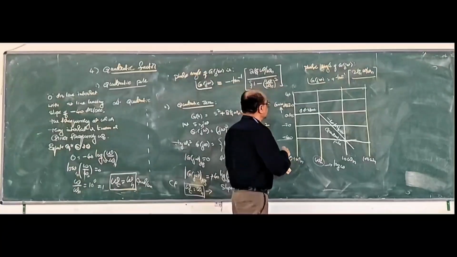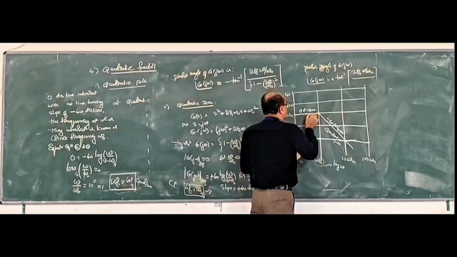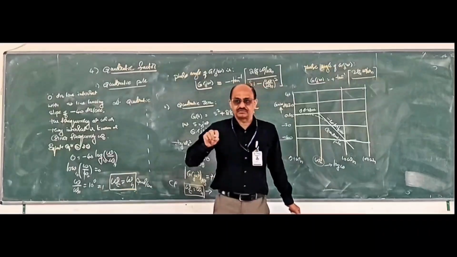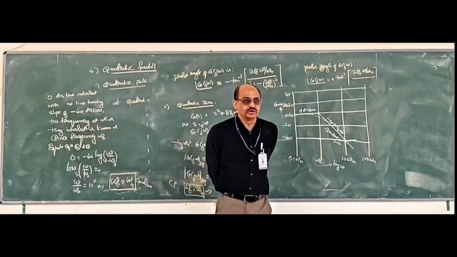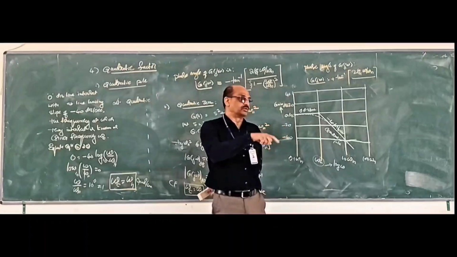Remember, in fact, the actual curve is like this, a dotted line. If you use the command bode of sys in the laboratory, you will get a smooth curve, not the asymptotic one.